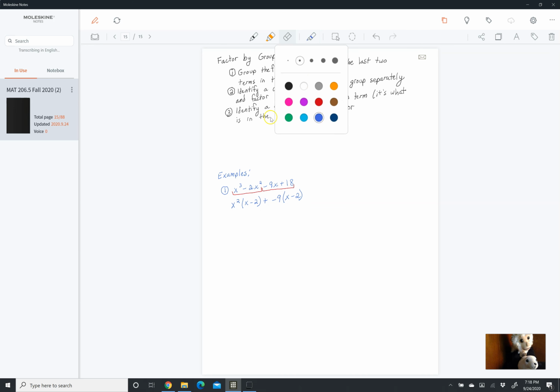We're going to factor out the x minus 2 and look at what we're left with. In the first term, we're left with an x squared, and in the second term, we're left with a negative 9. Okay, so you can see here's where the x squared minus 9 came from, these coefficients here.